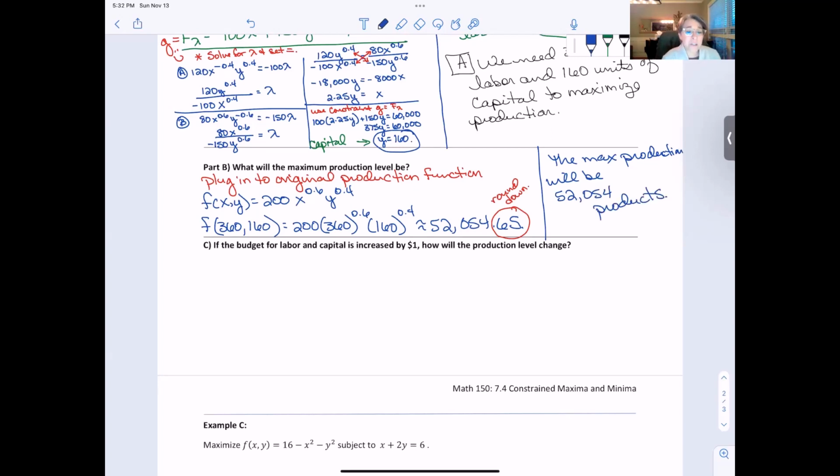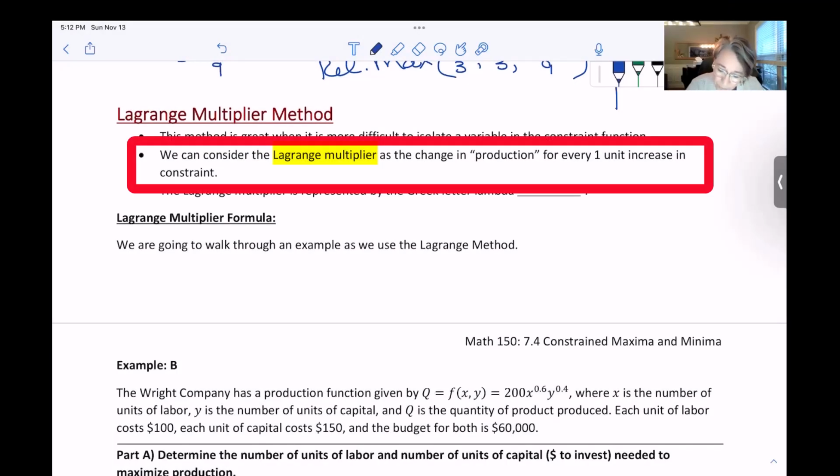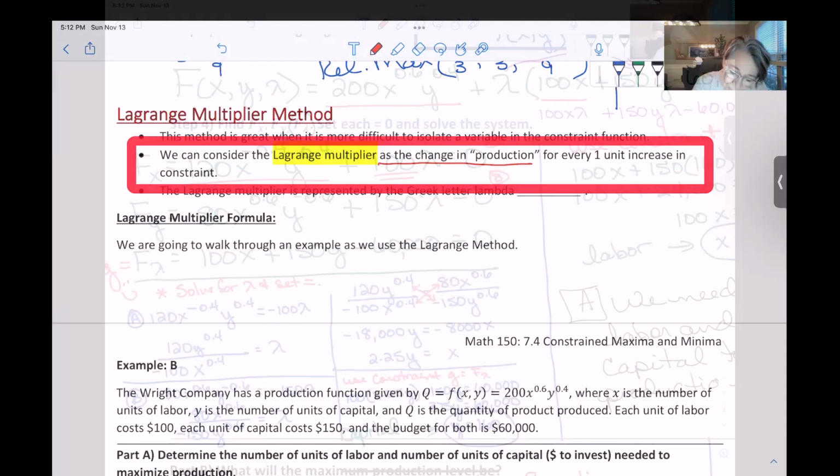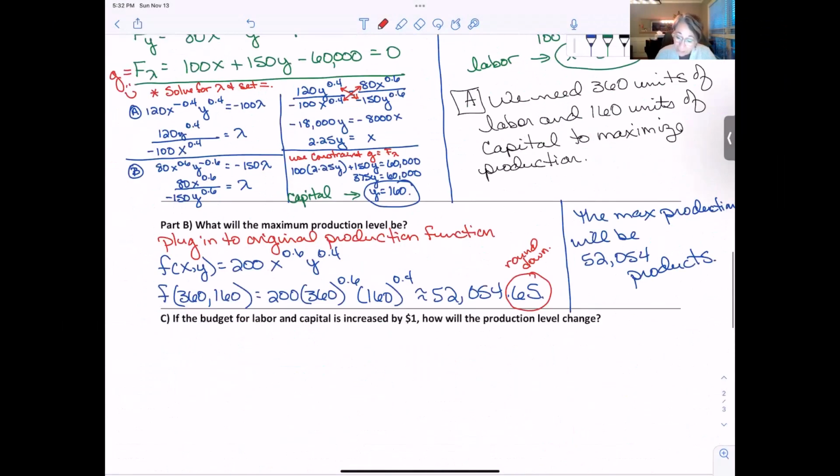Now, this last question, when it's asking if the budget for labor and capital is increased by $1, how will the production level change? Well, recall that the Lagrange multiplier is the change in production for every 1 unit increase in constraint. We need to determine what lambda actually equals, and we can use any of those up there.